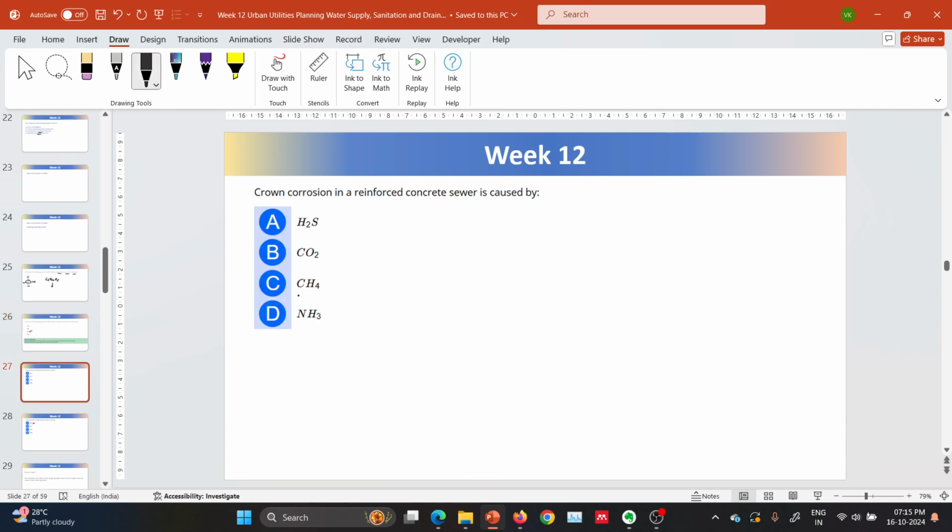Crown corrosion in a reinforced concrete sewer is caused by. So let's understand what is a sewer. So sewers are the pipelines which are used to carry sewage.